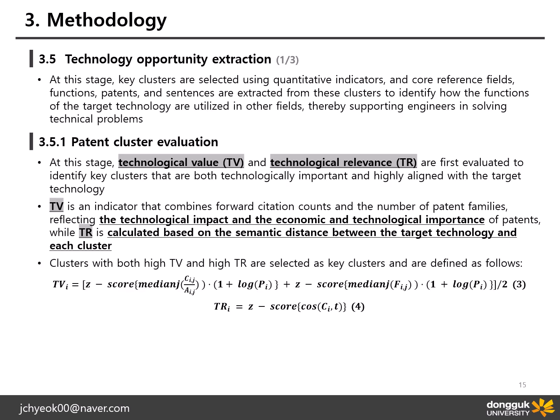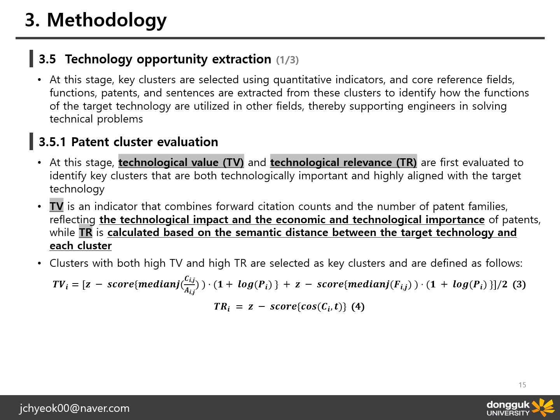In this stage, quantitative indicators are used to identify key patent clusters and to derive technological opportunities. Patent clusters are first evaluated by jointly considering technological value and technological relevance in order to identify clusters that are both technologically significant and well aligned with the target technology.